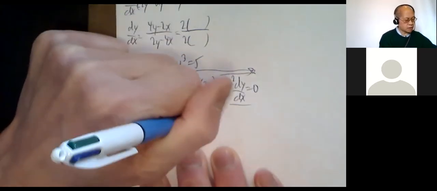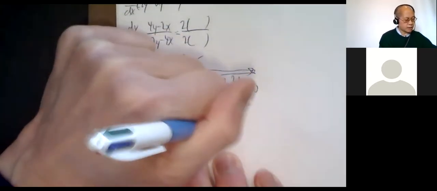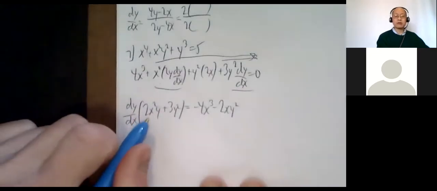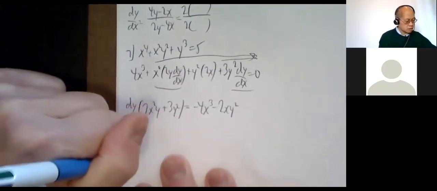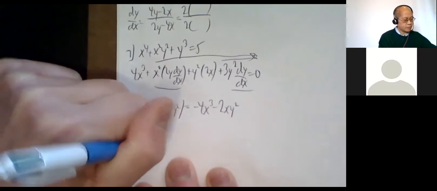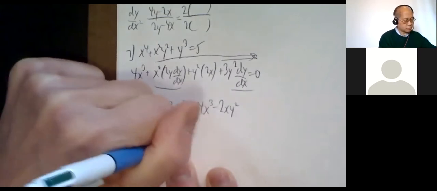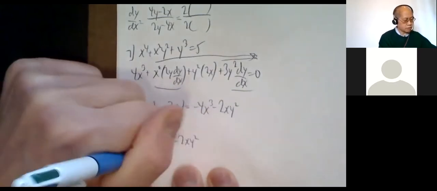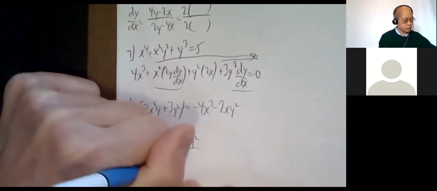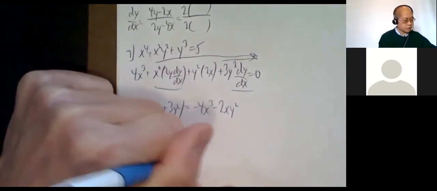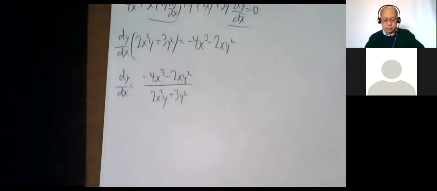Negative 4x cubed minus 2xy squared. Divide both sides by that. Dy dx is negative 4x cubed minus 2xy squared all over 2x squared y plus 3y squared. Okay, so that's that.